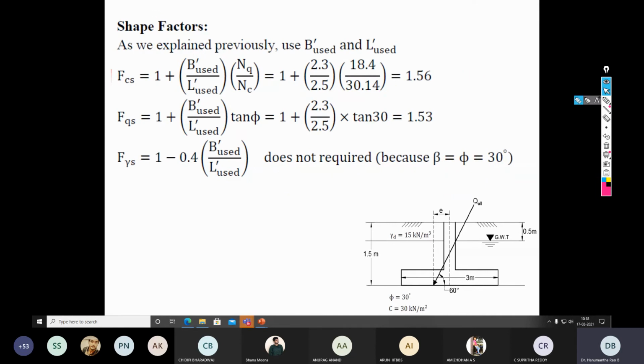So then let us come to the calculation of shape factors. So I reiterate again, either you can stick to these equations or better you try to use our previous equations, where for phi greater than or equal to 10 degree, your FC is 1 plus 0.2 into B by L into tan square 45 plus phi by 2, and FQ and F gamma both are 1 plus 0.1 into B by L into tan 45 plus phi by 2.